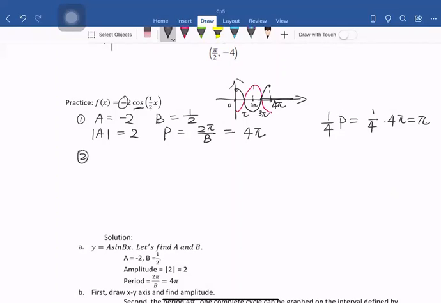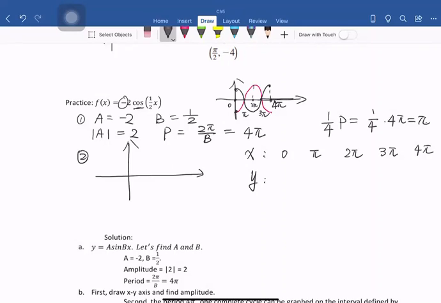So next step, I draw the graph. I know I need to plot the x-y values. The first x point is 0. The second point is 0 plus pi, which is pi. And then add another pi is 2 pi. Add another pi, 3 pi. And 4 pi.